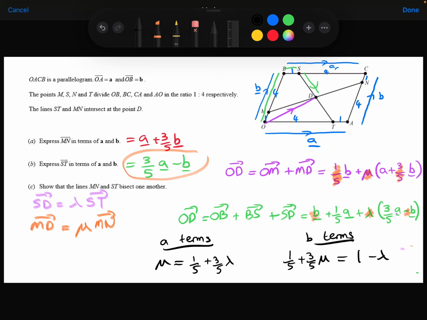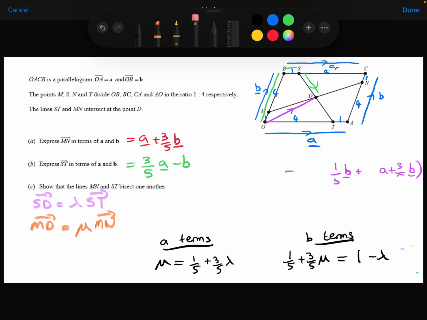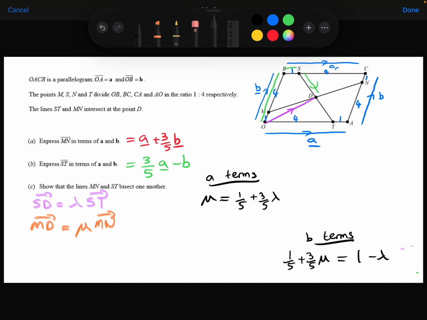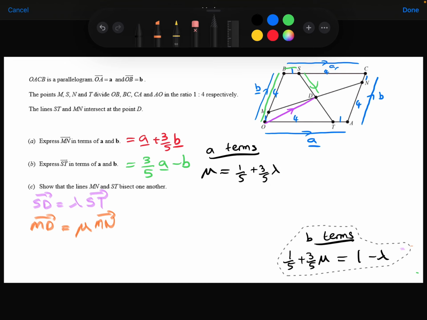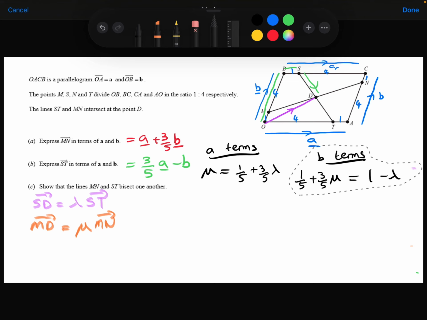And right, we've now got simultaneous equations to solve. So let me just create a bit more space. So, solving these simultaneous equations, I'm going to take this term here that's equal to mu, and I'm going to substitute it in here instead of the mu there.